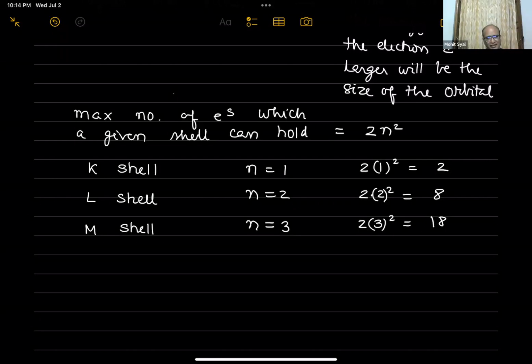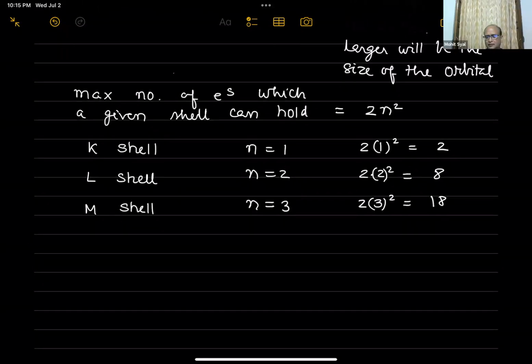This shell is represented by a circle by Bohr, but now we know this is not a circle. This is actually a group of electron clouds. When we wrote the electronic configuration of potassium as 2, 8, 8, 1, why wouldn't we write 2, 8, 9? Potassium is the 19th element, right? It is because they are not filled in regularly. It is not that first you have 2 electrons in the first shell, then 8, and the M shell is filled regularly. As the M shell starts filling up, the N shell also starts filling up.